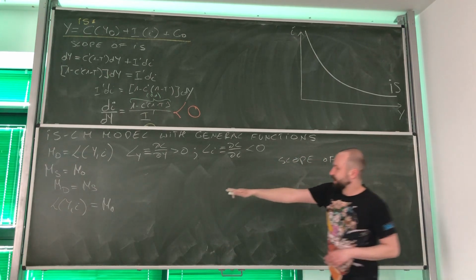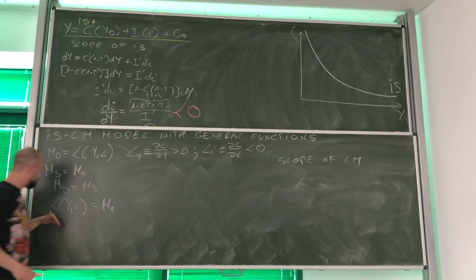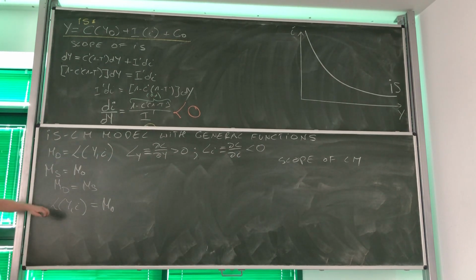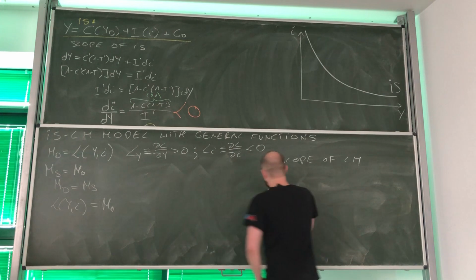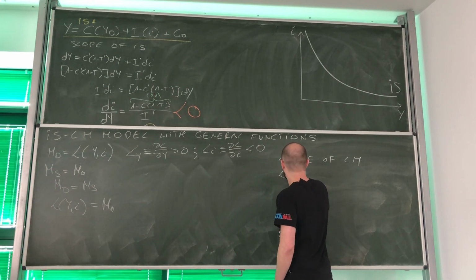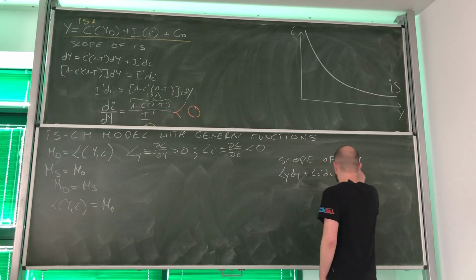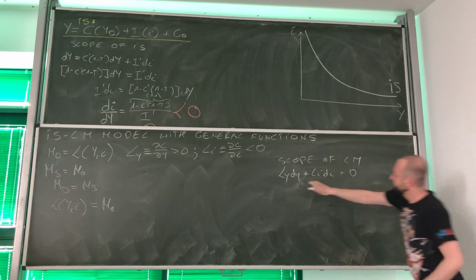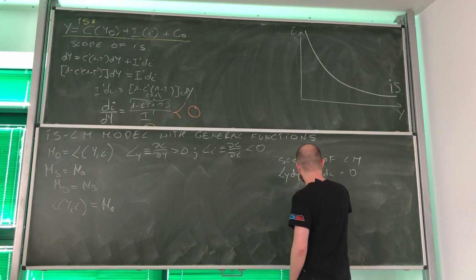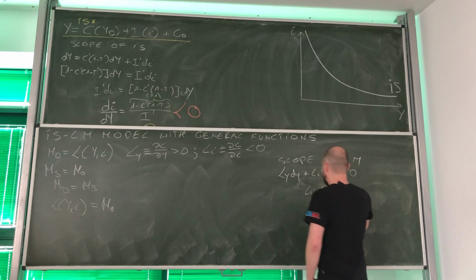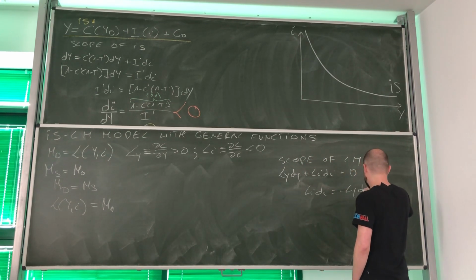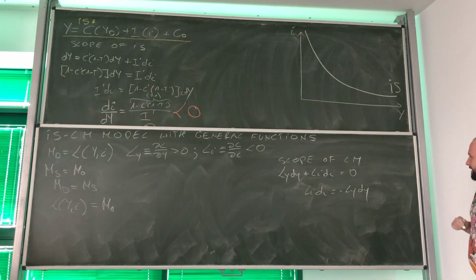So, we take this equation and we calculate its differential with respect to income and interest rate. So we get that this is Ly dy plus Li di equal to 0. If I move this expression to the other hand side, I'm getting that this is Li di equals negative Ly dy.